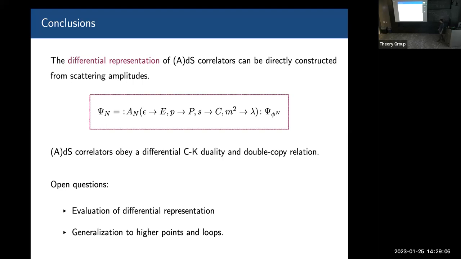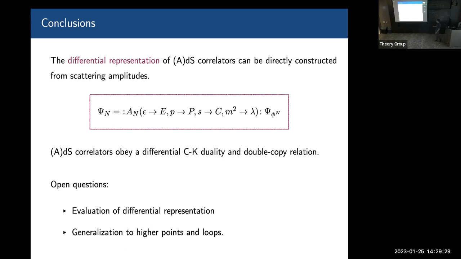This is nice because it is manifestly conformally invariant, has the correct flat space limit, and inherits all the nice properties of the amplitude. As a result, this differential representation satisfies the color-kinematics duality and the double copy relation at both 3 and 4 points.